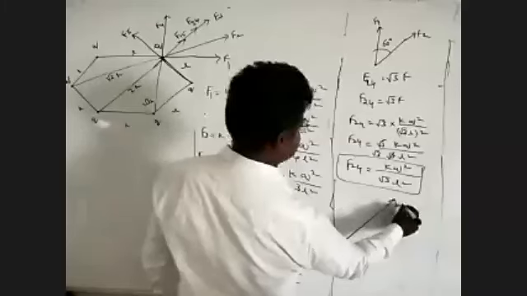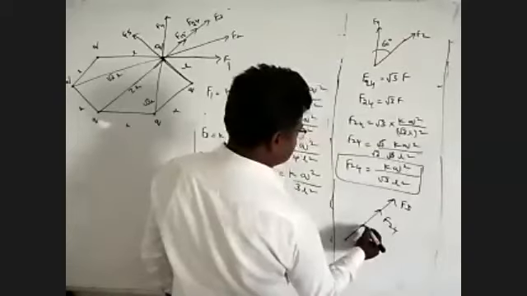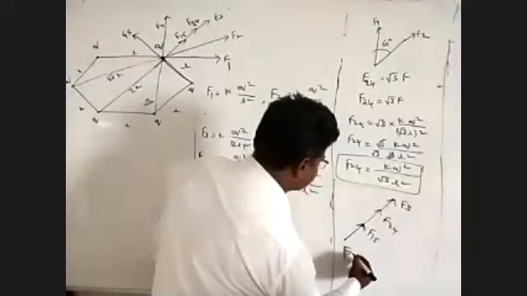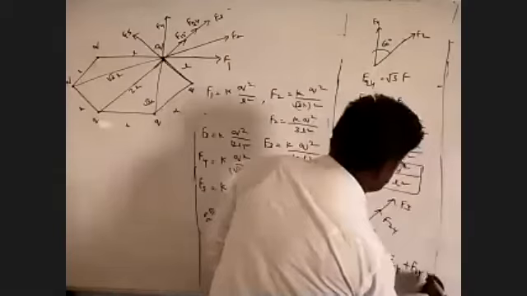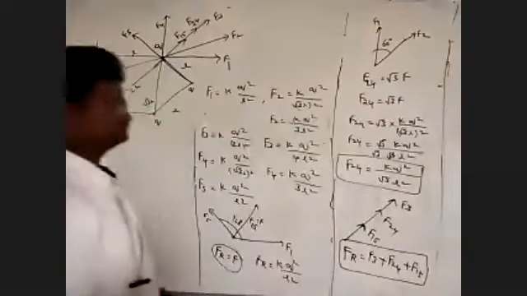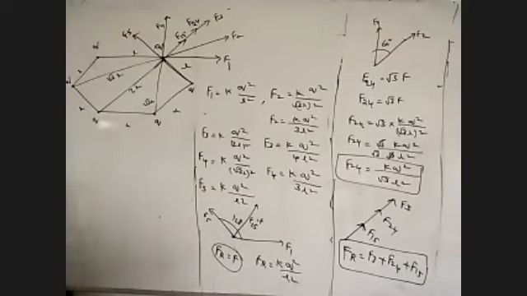This is the F3 force, this is F24, and F15. The resultant force is equal to F3 plus F24 plus F15.